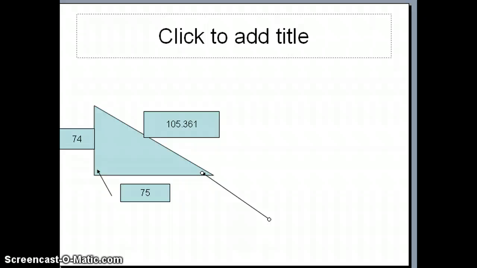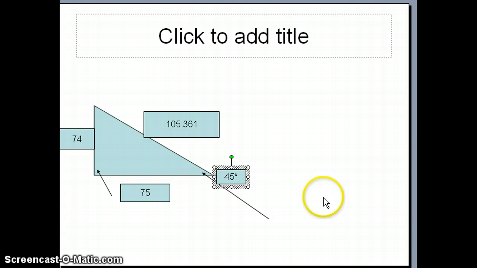And what you're going to do is press your secondary function and then tan, and it should say tan to the power of -1. This is inverse tangent. You press enter and you get the degree of your angle, which is, in this case, 45. So we know that this angle is 45 degrees.